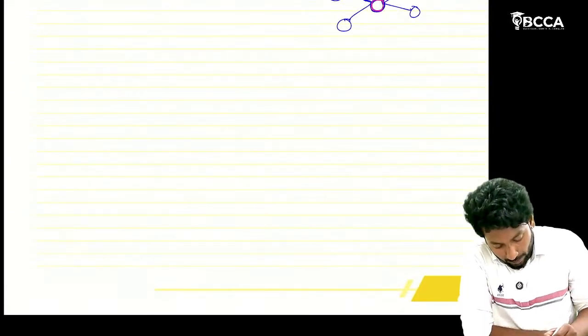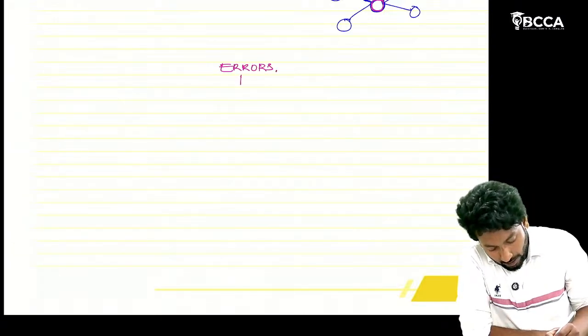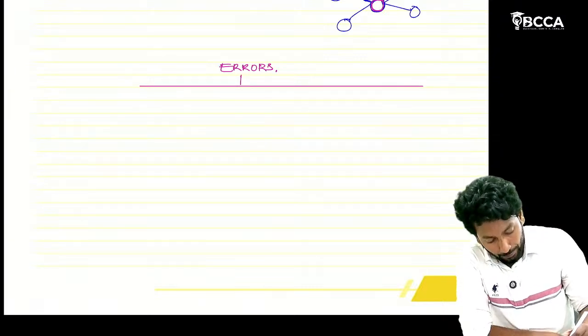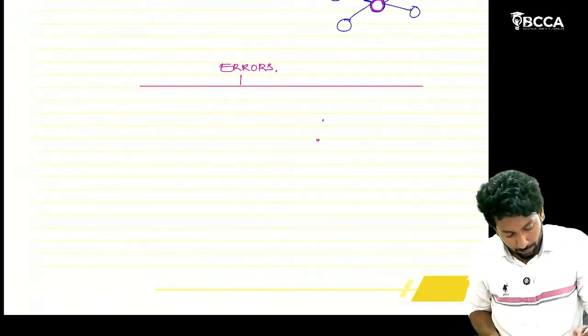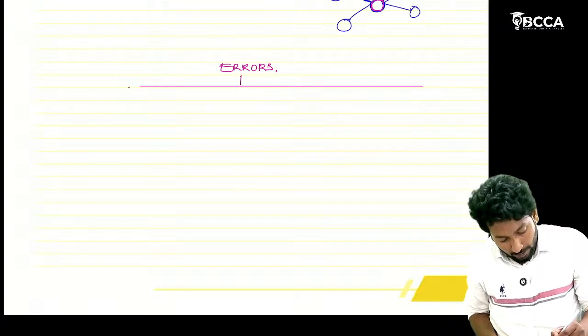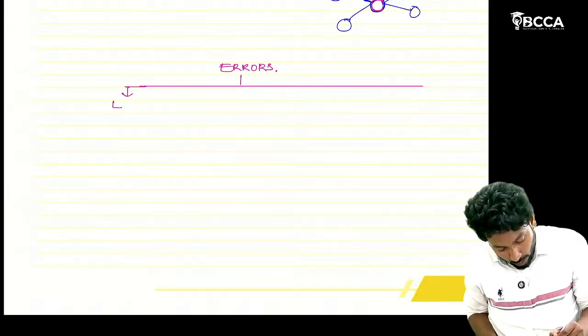Errors in network diagram drawing. There are three types of errors generally. First one is looping error.